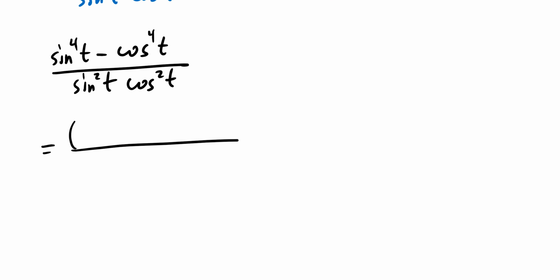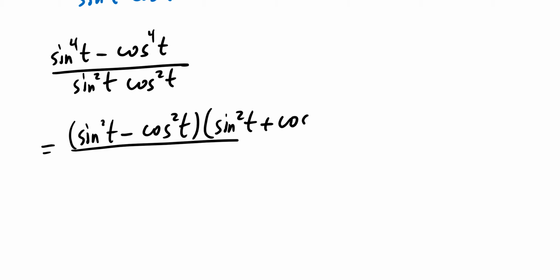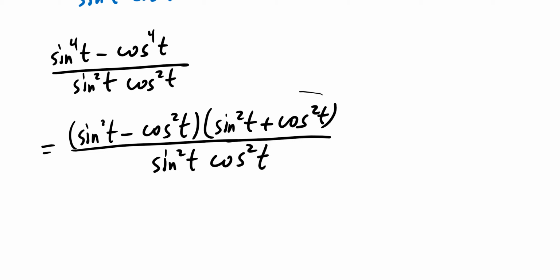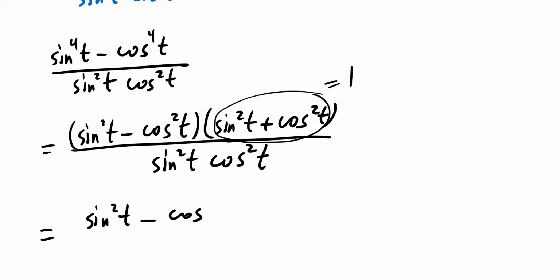So we get sine squared t minus cosine squared t times sine squared t plus cosine squared t. Keep the denominator the same. Now we know sine squared plus cosine squared is 1. So I'm only having on the top sine squared t minus cosine squared t over sine squared t cosine squared t.